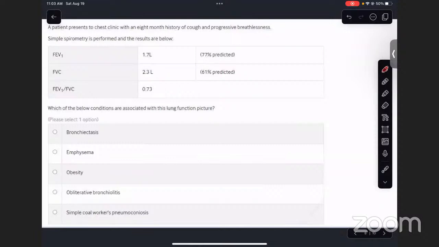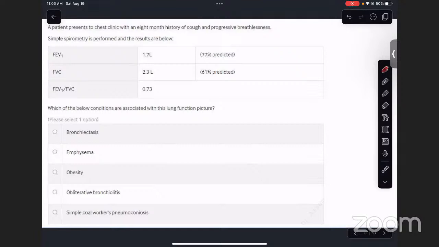Another example: the patient presents to the chest clinic with an 8-month history of cough and progressive shortness of breath. FEV1 is 1.7, and the FEV1/FVC ratio is 0.7. So that would be restrictive lung disease. Which of the following conditions is associated with this lung function picture?